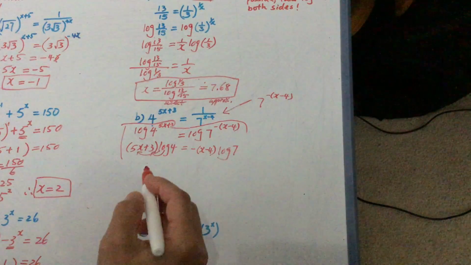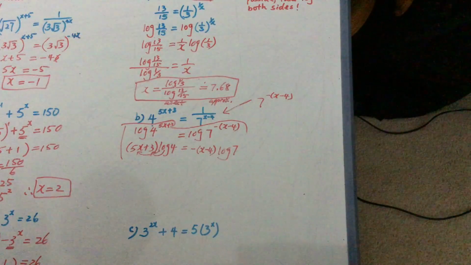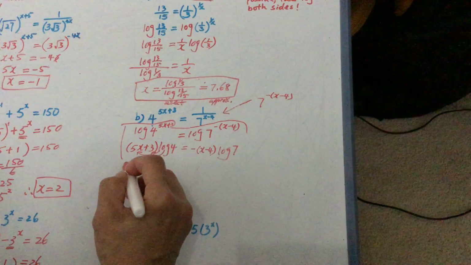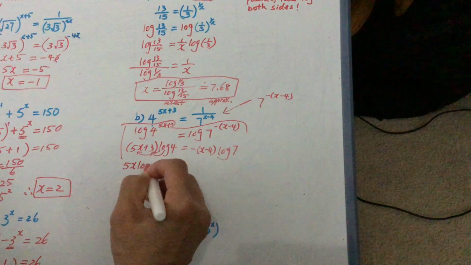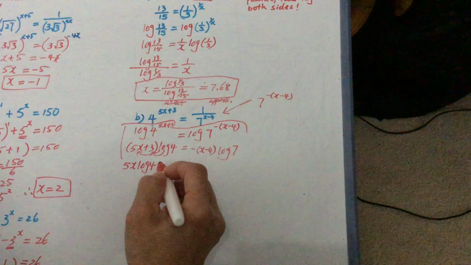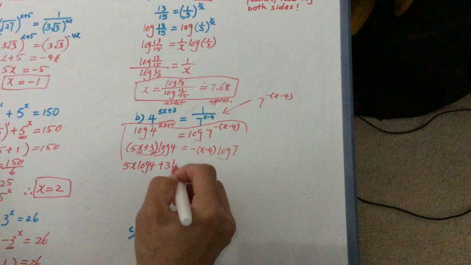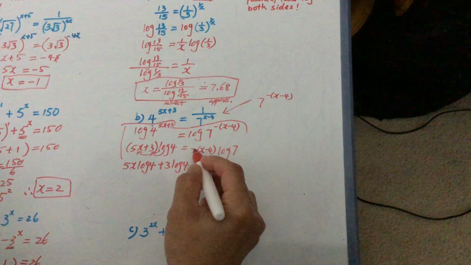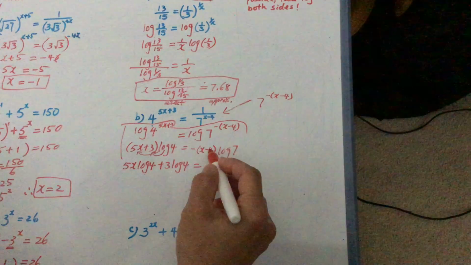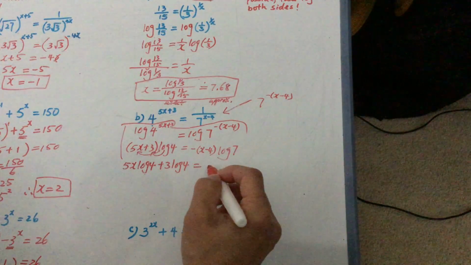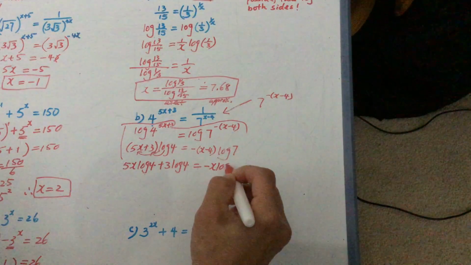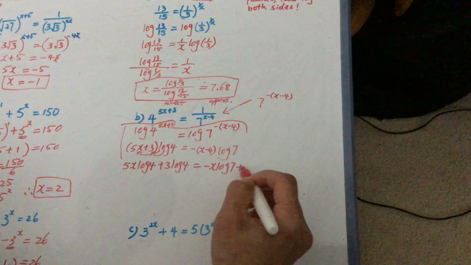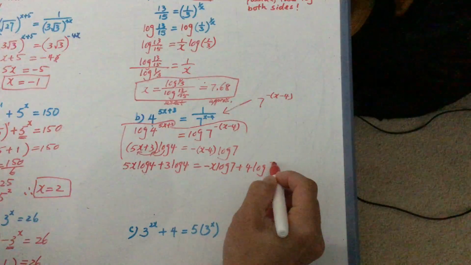So what I will get is the following: 5x times log 4, and then plus 3 times log 4. And on the other side, when you distribute the negative x with the log 7, you get a negative x log 7, and a negative 4 becomes a positive 4, so adding 4 log 7.